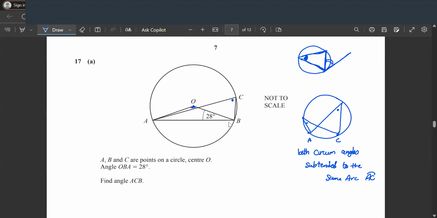This is a radius and this is a radius, so this is an isosceles triangle. So this is 28 and this is 28. Subtract both of them from 180. You will get this as 124. And then the circumangle you need equals 124 divided by 2.